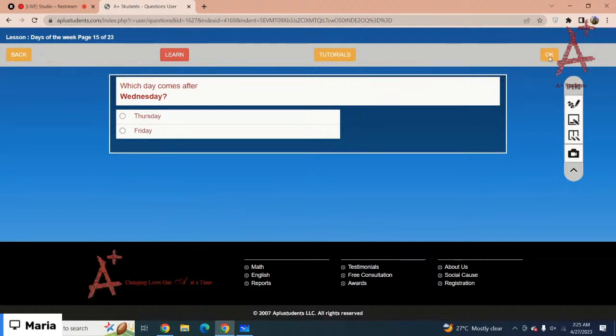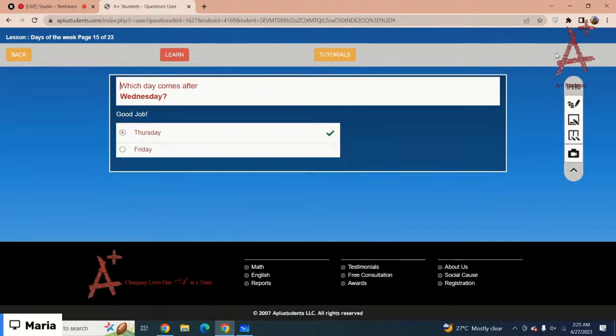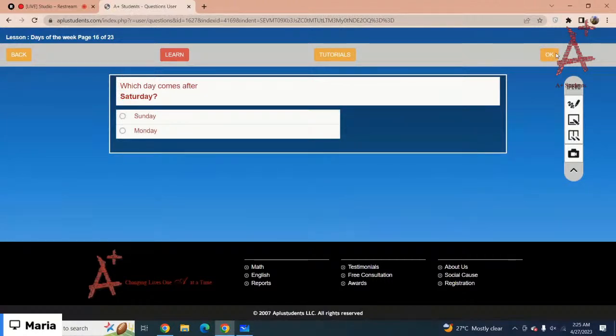Which day comes after Wednesday? After the Wednesday, we have Thursday. Very good. Which day comes after Saturday?